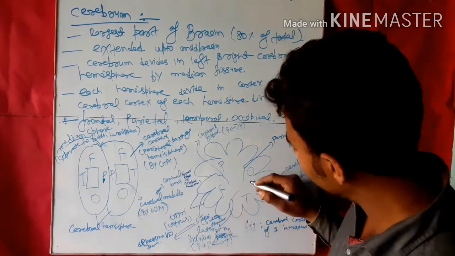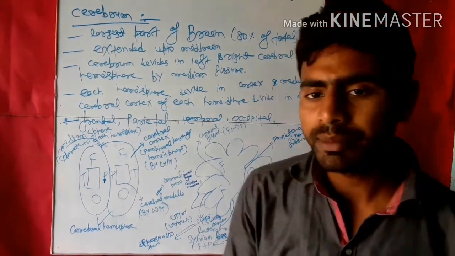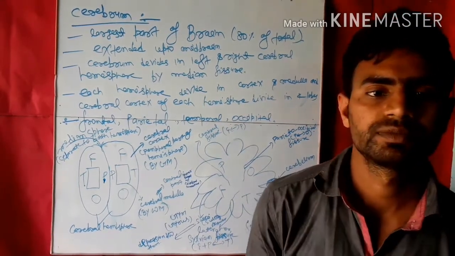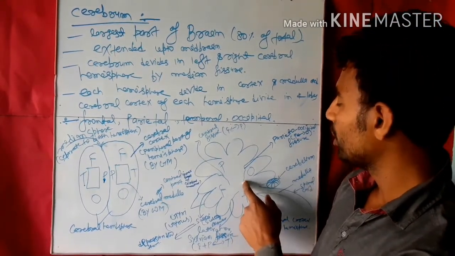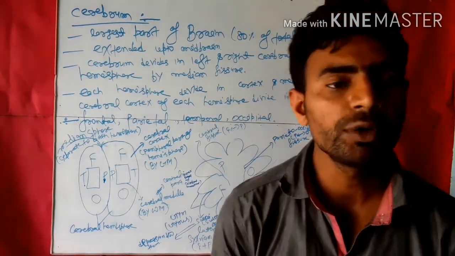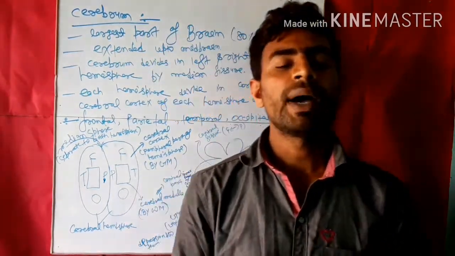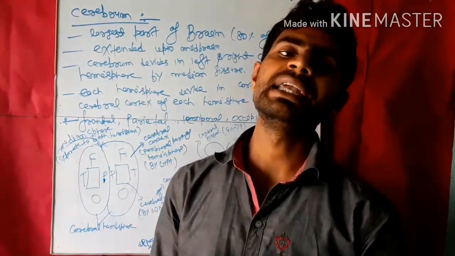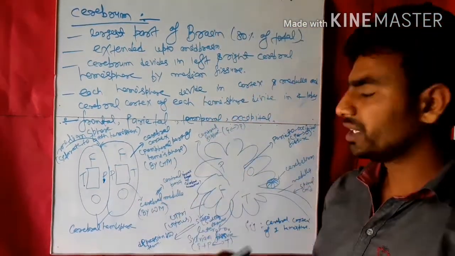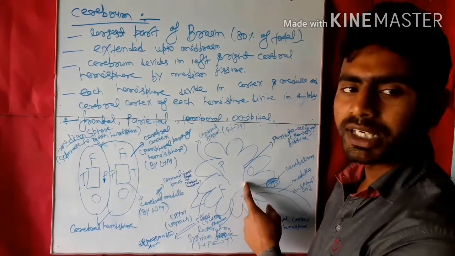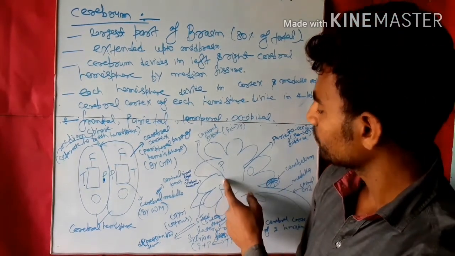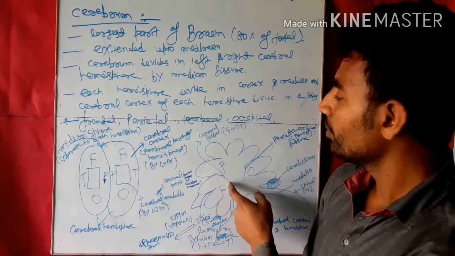This is the parieto-occipital fissure, which separates the parietal and occipital lobes. It is called the parieto-occipital fissure for that reason. Next is the central fissure.